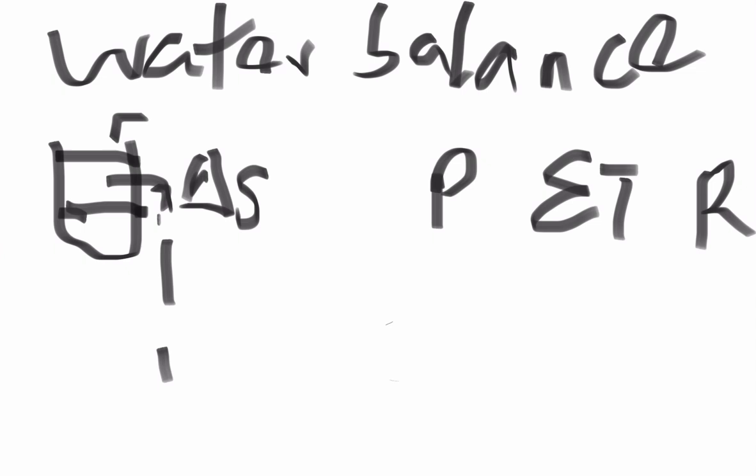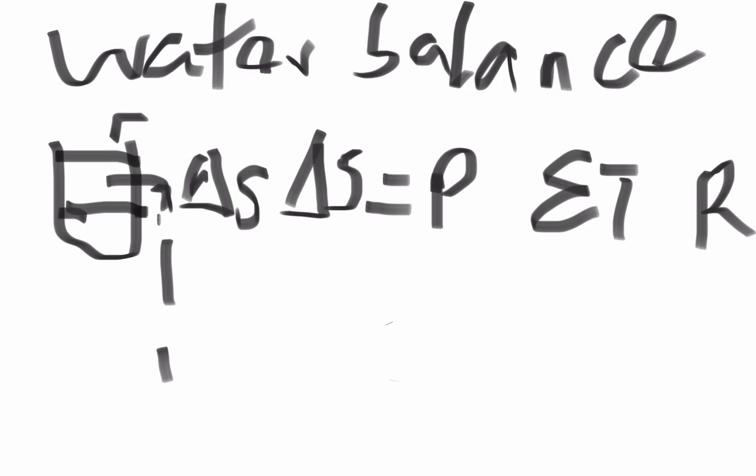So to get the water balance equation now, we are trying to find this change in storage, that's change in S. What the water balance equation is telling us is that water inflow minus the water outflow will give us our change in storage.